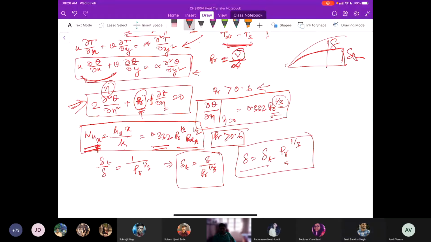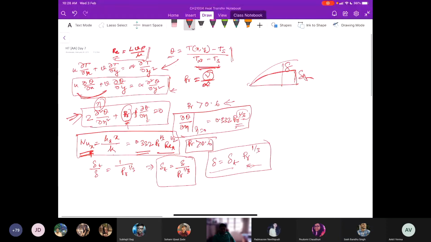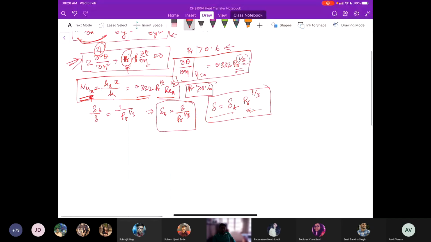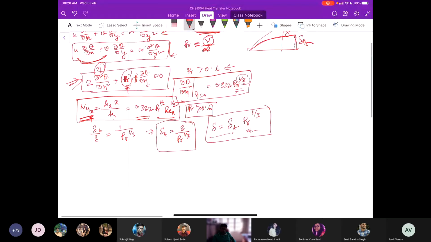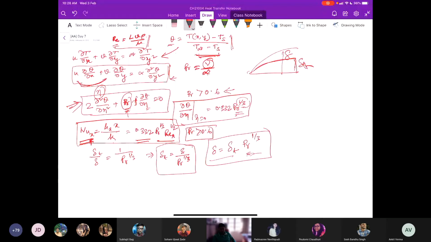Okay, sir. So now, since you appreciate the scenario of understanding similarity parameters, the reason is that you do an experiment with water at a certain Reynolds number.